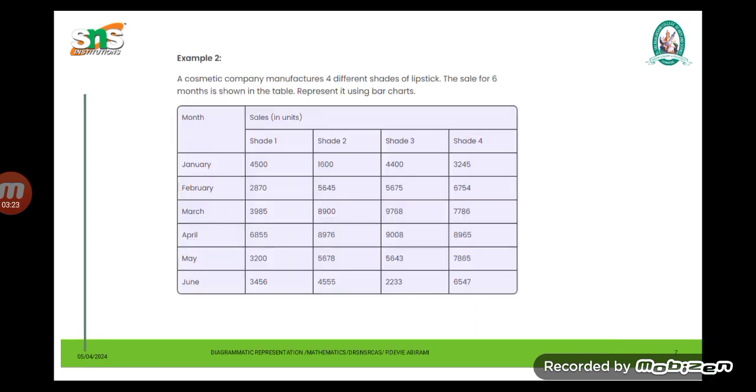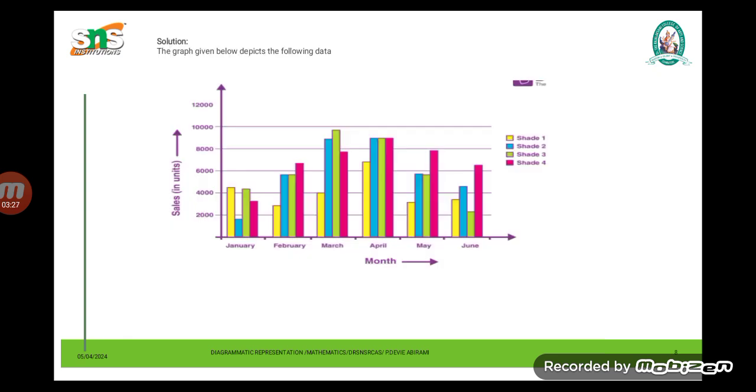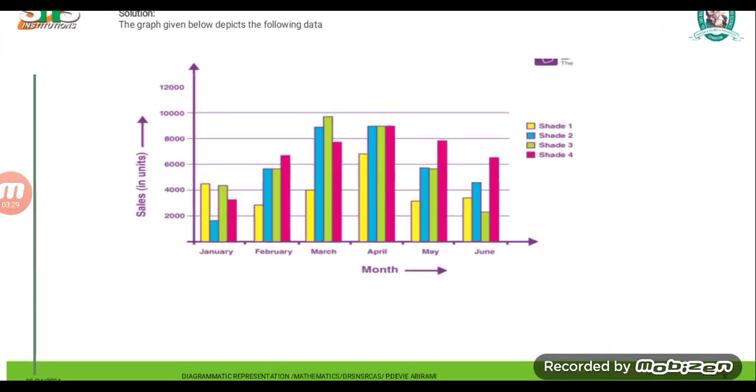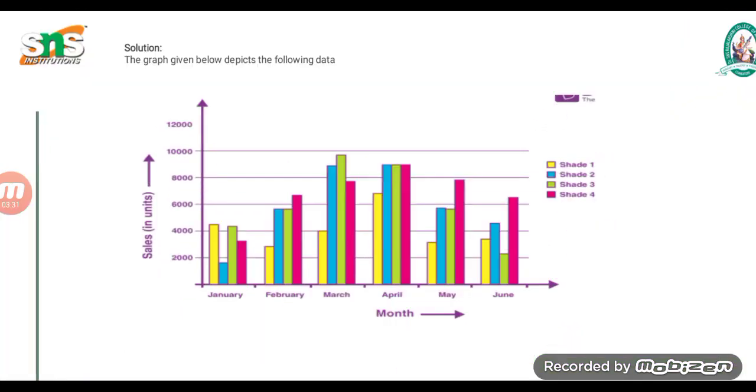My second problem consists of a multiple bar diagram. That is, for a single month we will have many data. For example, in January we have 4 shades of lipsticks, so I represented them in different colors to differentiate the shades. Yellow is shade 1, blue is shade 2, green is shade 3 and pink is shade 4.